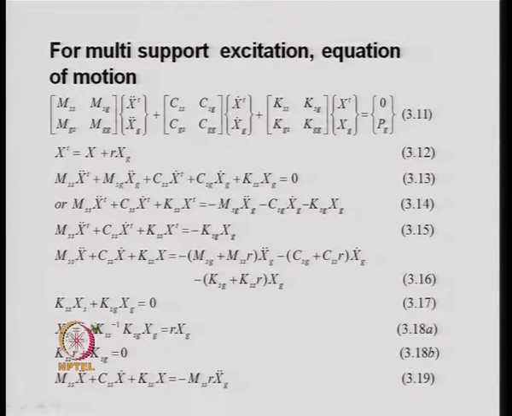Kss is the partitioned stiffness matrix corresponding to the non-support degrees of freedom, and Ksg is the coupling matrix between the non-support degrees of freedom and the ground degrees of freedom. So, once you are able to get these two matrices, then one can construct the R matrix.